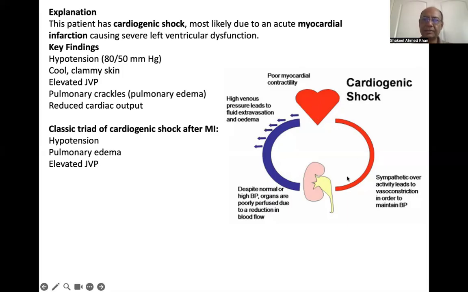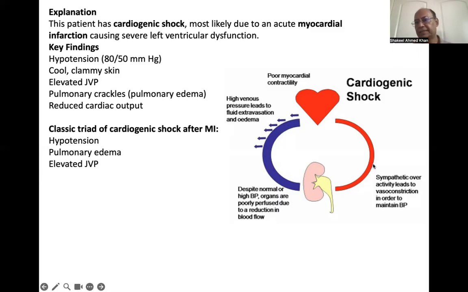So the body will react accordingly. How? The body starts reacting with vasoconstriction, and that's the reason the patient always feels cold and clammy. Most types of shock, not every kind, but most, show cold, clammy skin.